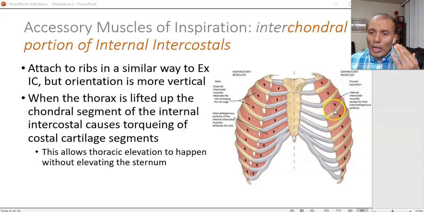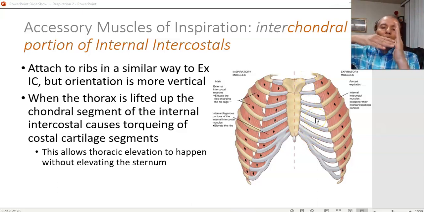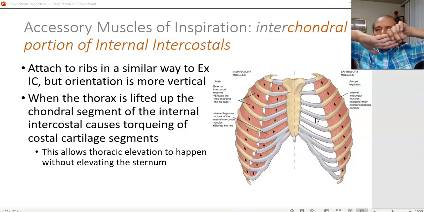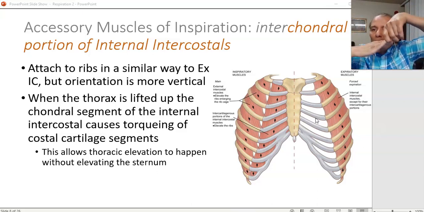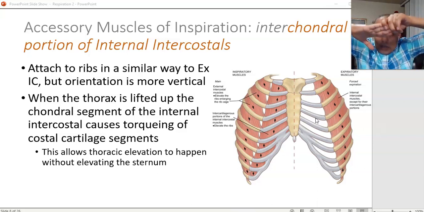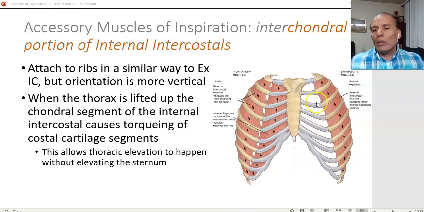So when you elevate the bony segment of the ribs, and together you elevate the interchondral segment, the cartilage will twist like this. We call this torquing. You basically load it, and as you lift that up and twist, you allow for twisting the cartilage without changing the position of the sternum, and that gives stability.